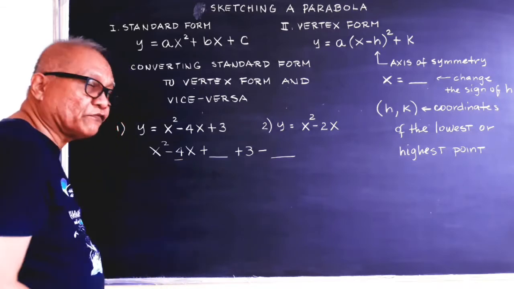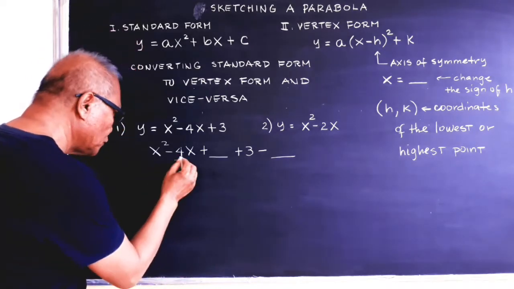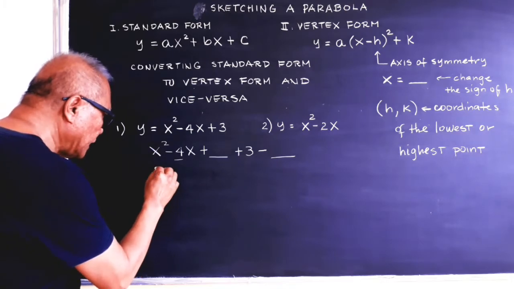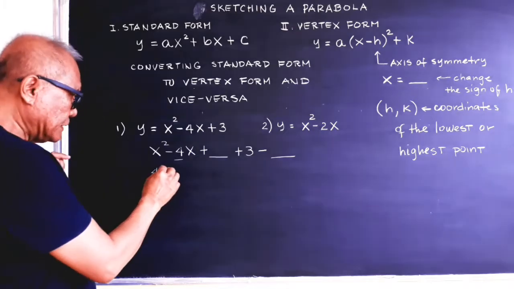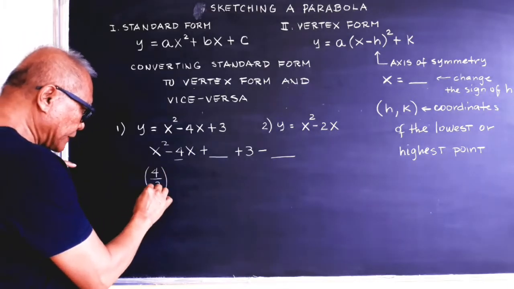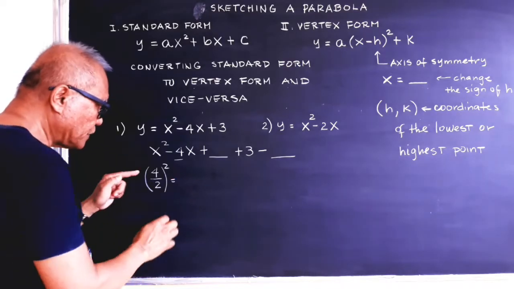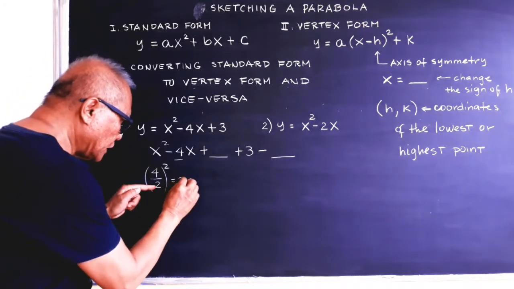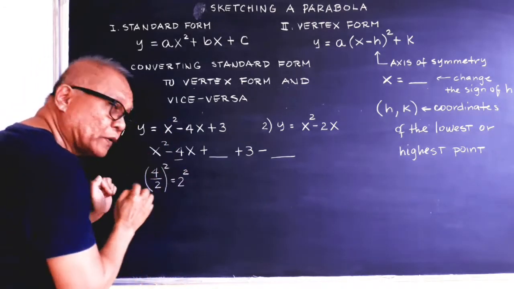What is the number to be added here? Get the numerical coefficient of the middle term, or the x. What are we going to do with the 4? We divide it by 2, right? And then we square it. So we divide first. 4 divided by 2 is 2, raised to the second power.